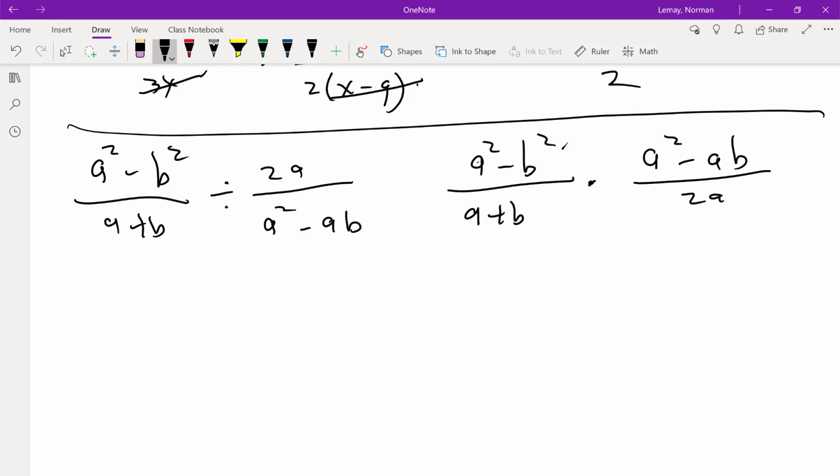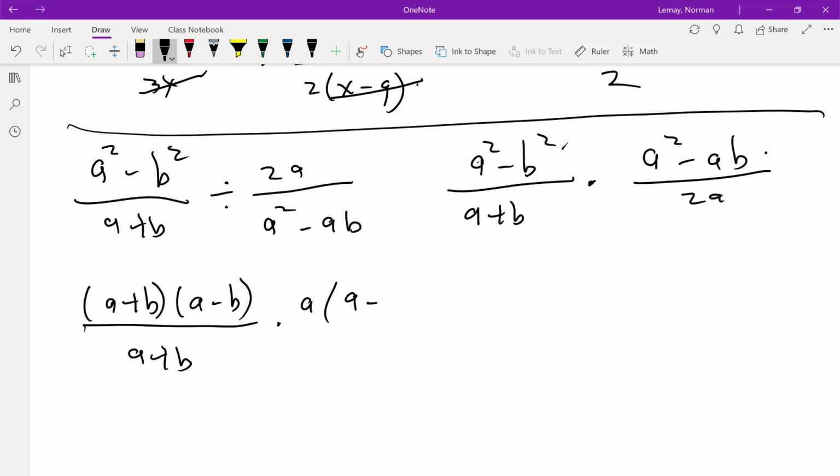So notice we have the difference of 2 squares, so I get (a plus b)(a minus b) divided by (a plus b), times, and now here we got a greatest common factor, a(a minus b) divided by 2a.